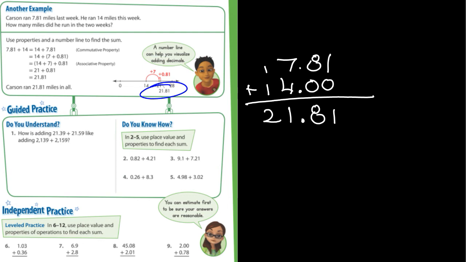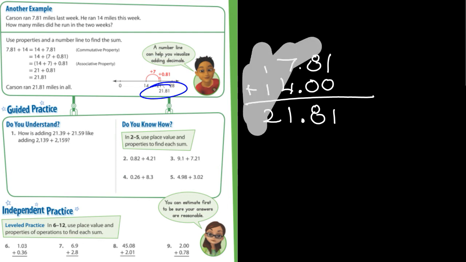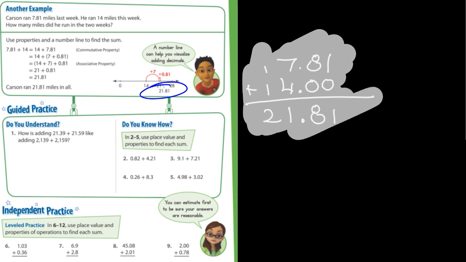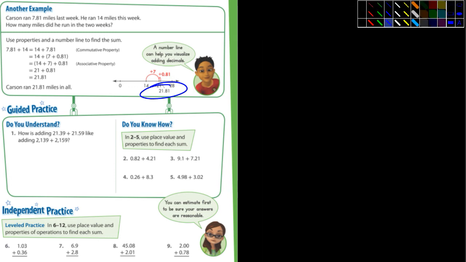All right, so let's take a look at the rest here. Number 1, how is adding 21.39 plus 21.59 like adding 2,139 and 2,159?